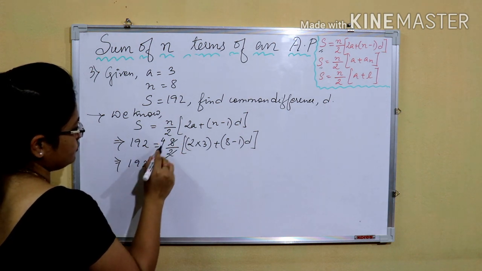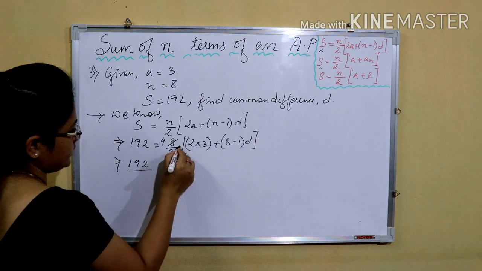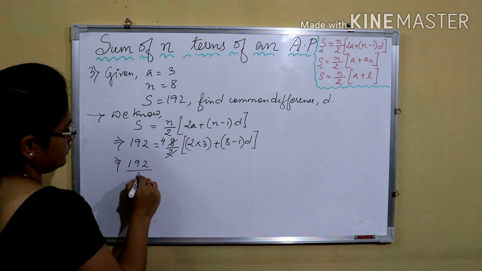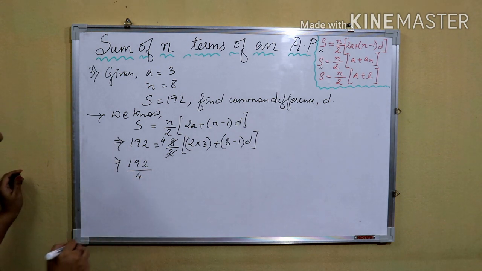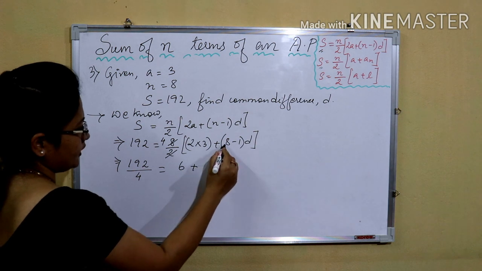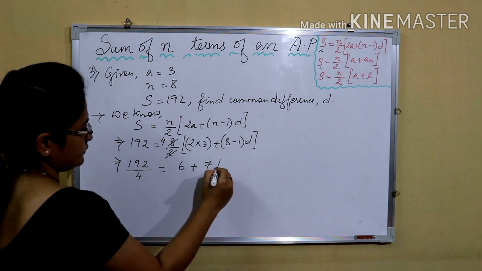So 192, this 4 will come to this side as it is multiplied with this whole bracket. If it comes to the left hand side, it will be divided. 2 into 3 is 6. 8 minus 1 is 7 d.